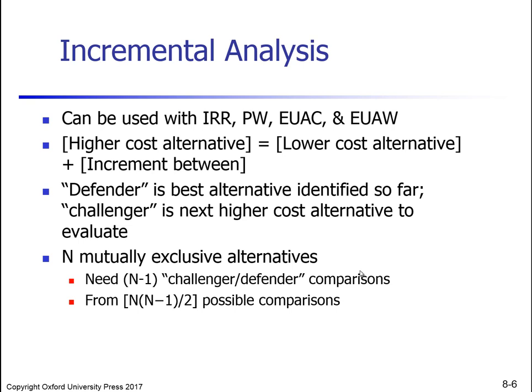For n mutually exclusive alternatives, we'll need n minus 1 challenger-defender comparisons. This allows us to compare to next up, next up, next up. We could, of course, have a lot more comparisons, but this makes a nice standard way to go progressively more expensive as we go through.